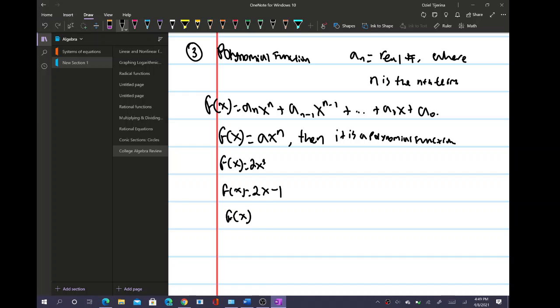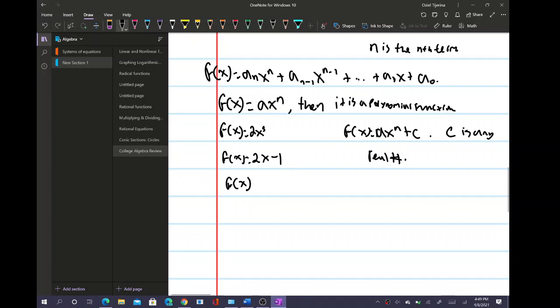And it can be f of x equals a x to the n plus c, meaning that c is any real number. Okay.